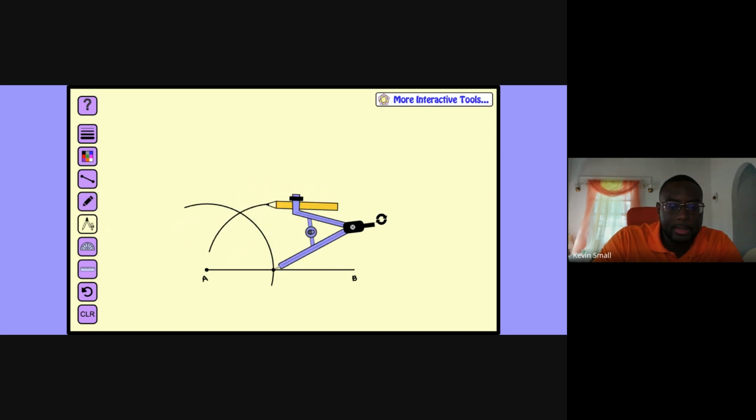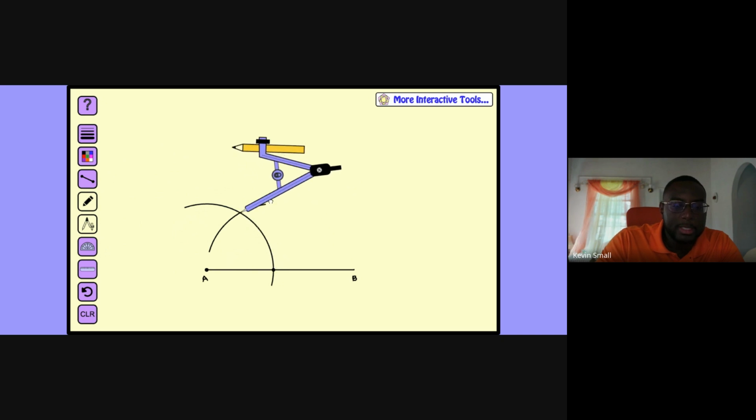Now, if you were in class, you would know that this is exactly 60 degrees. If I were to draw a line from this point through that point, that is exactly 60 degrees. However, we do not want 60 degrees. We want 30 degrees. So we will bisect this 60-degree angle.